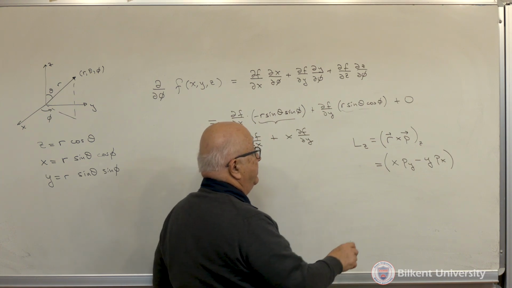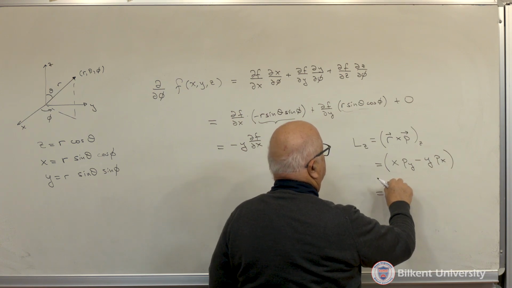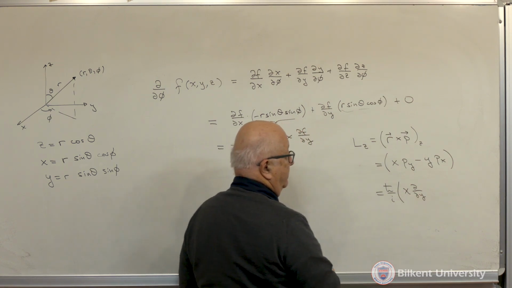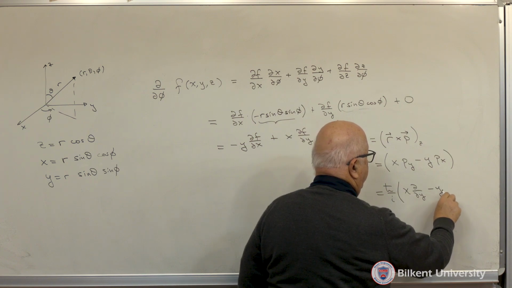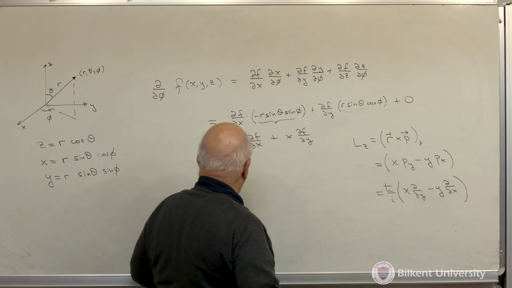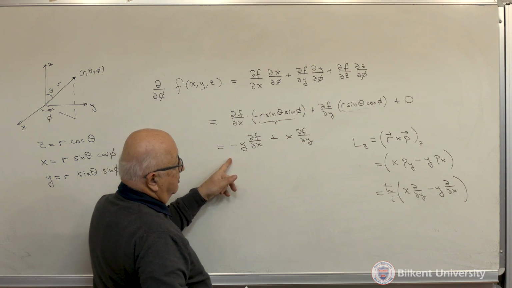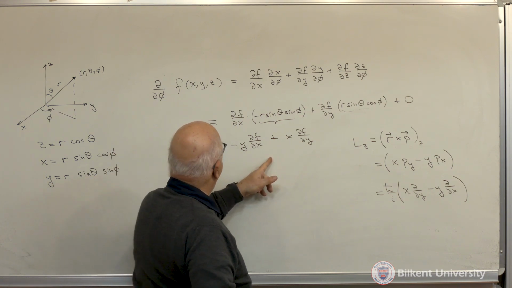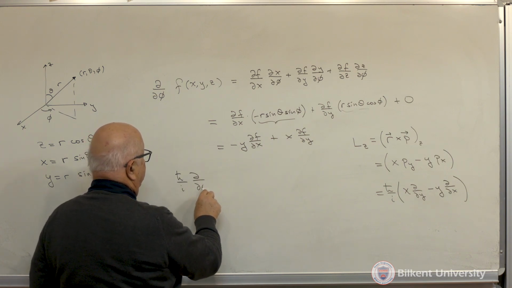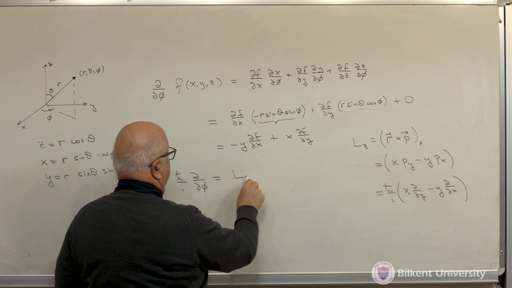Let's put in the operators using h bar over i. So it's going to be h bar over i, x del y minus y del x. But that's exactly what we have here. We don't have the h bar over i, but this is exactly the same. So if I now put in h bar over i, del phi is equal to Lz.